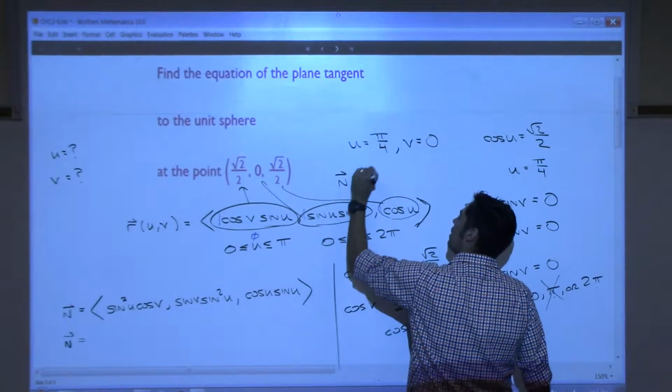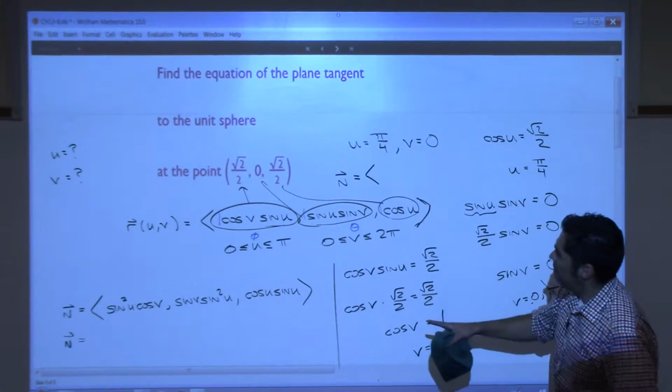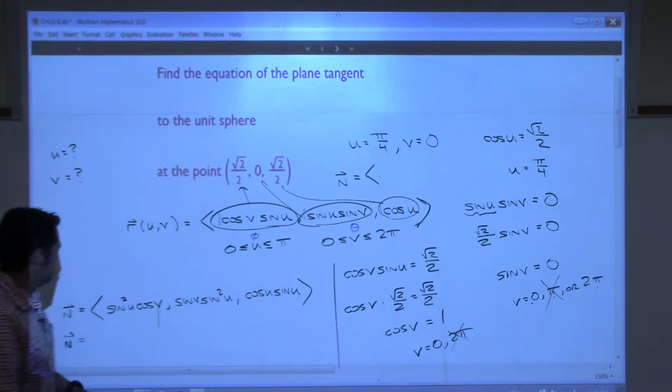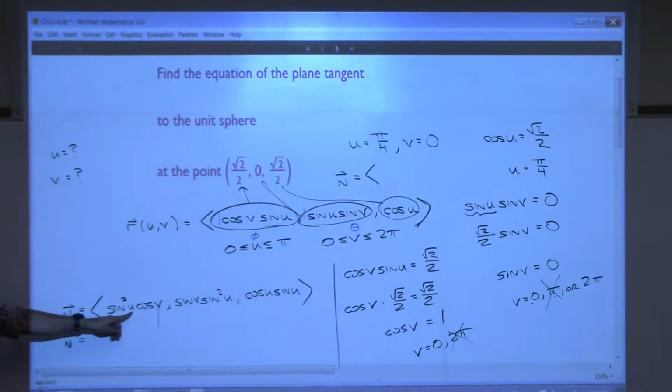The normal vector is, plugging in, what is this? U is pi over 4. So sine of pi over 4, root 2 over 2 squared, 2 over 4, which is half. So we have 1/2 times what's cosine of v. Cosine of 0 is 1, and then, okay, keep going.